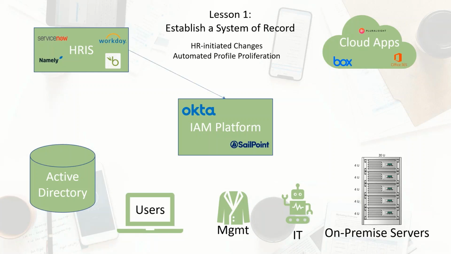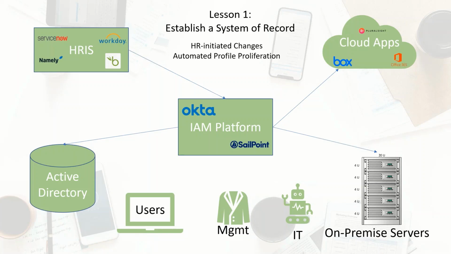The HRIS generally will feed into our identity platform. The goal here is that we want to have some type of way to get the details out of our HRIS and begin propagating them to other systems, which is, of course, our next step. As we pull those details into our identity access management platform, we then push them onto other systems. Active Directory tends to be a downstream system from our HRIS or from our identity platform.